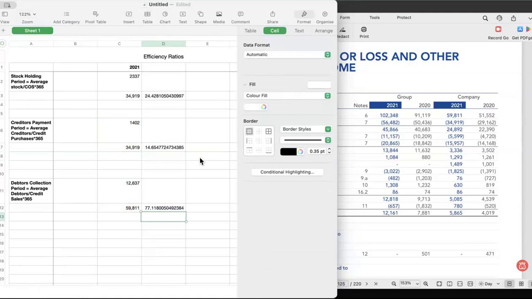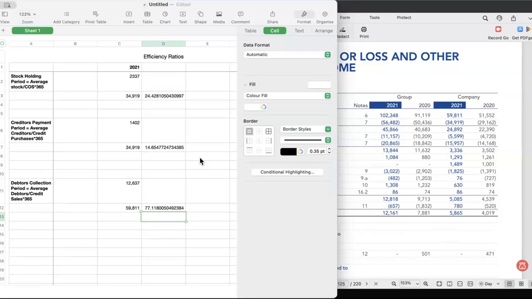Right, let's analyze the stock holding period. What does the stock holding period measure? It measures the number of times the stock of the organization is converted into sales. Shorter, the better, right? A shorter stock holding period is better because it means the stock of the business is traded quickly and the company is efficiently managing its inventories.